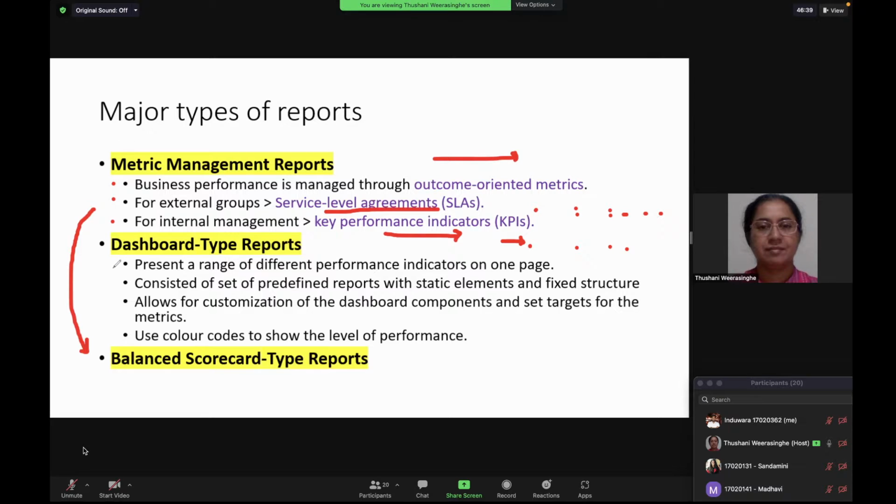Yes, and then the dashboard. This has a range of different performance indicators on one page. Depending on our requirement, we can have different things.